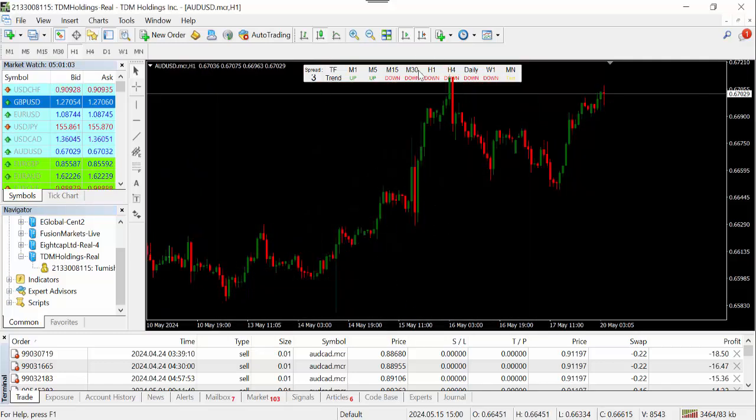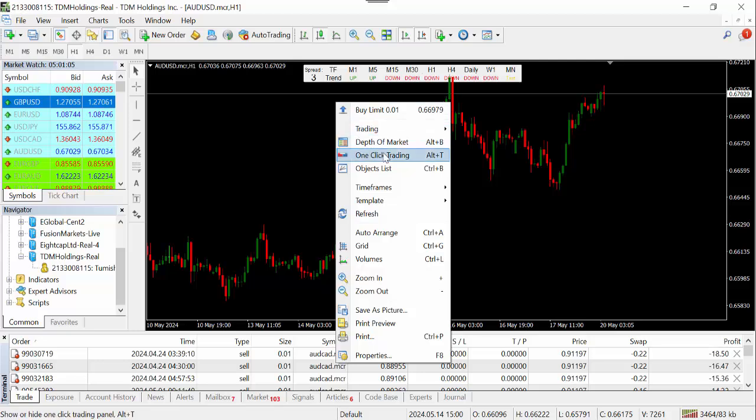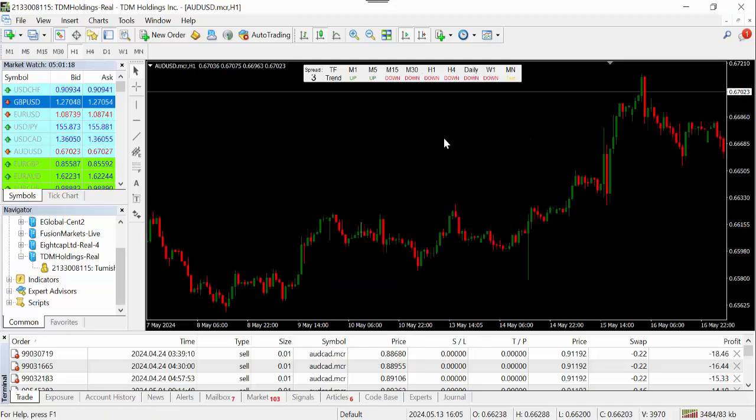I want to remove this time frame indicator if possible. But if I cannot remove it, then I'm going to leave it. Okay, I couldn't remove it, but it's not a big deal.